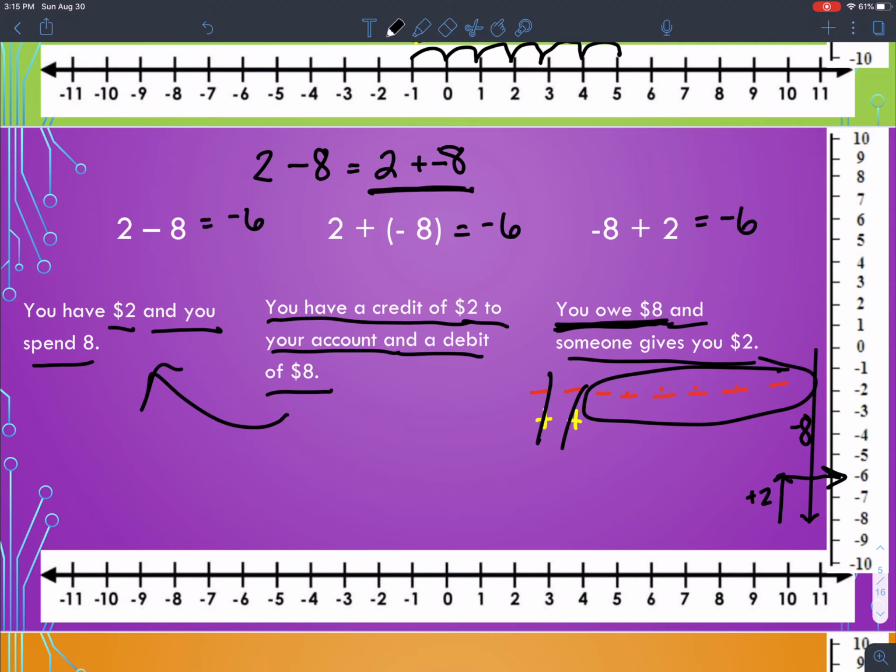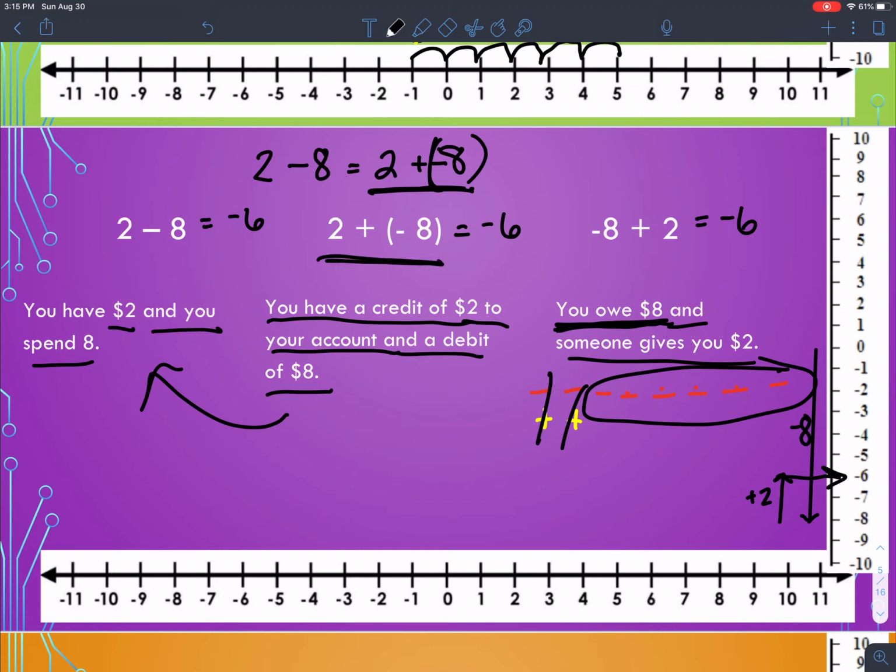So whenever you see 2 signs in a row, like a plus and a minus right next to each other, or a negative and a negative right next to each other, in general, good mathematical practice, people will put a parentheses around it so that you know that negative goes with the 8, and it just helps keep it a little cleaner.